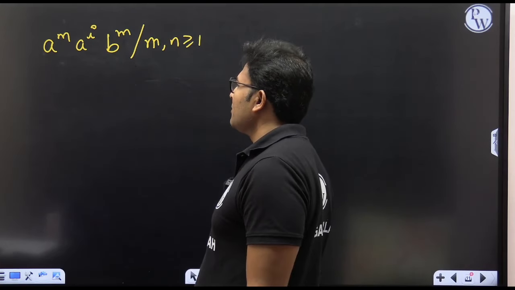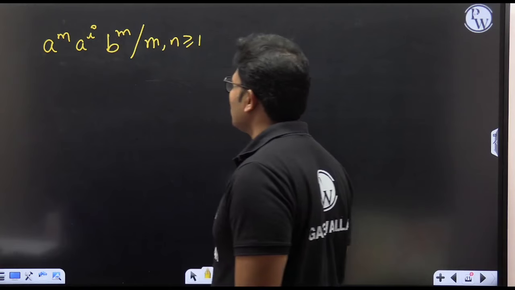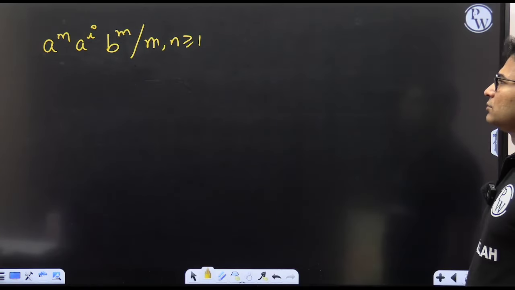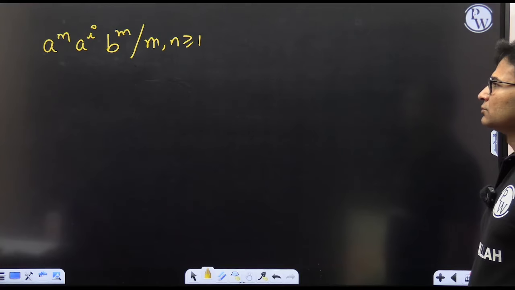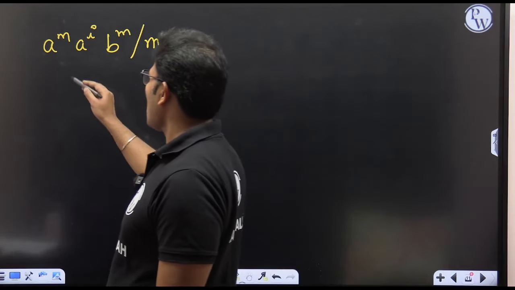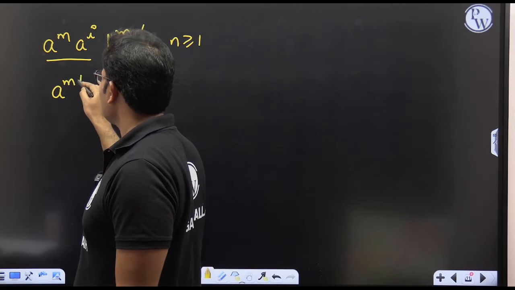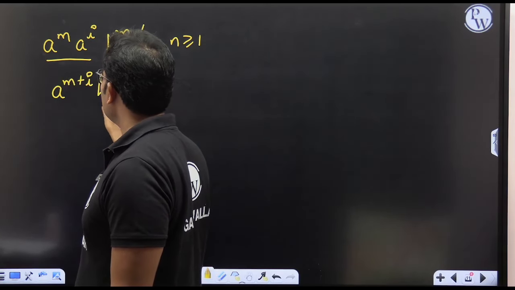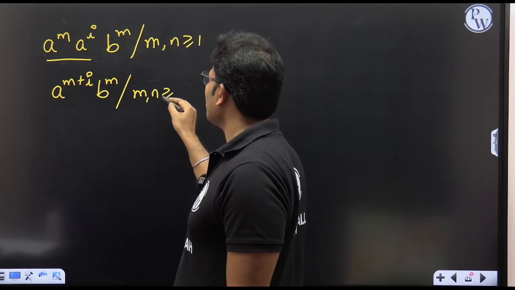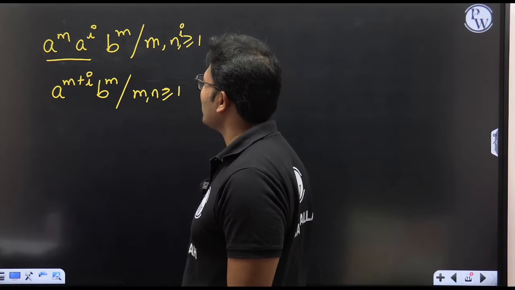a^m a^l b^m such that m, n ≥ 1. So, how are you going to write this? You can write this as a^(m+l) b^m such that m, n ≥ 1, where m, l are also ≥ 1.